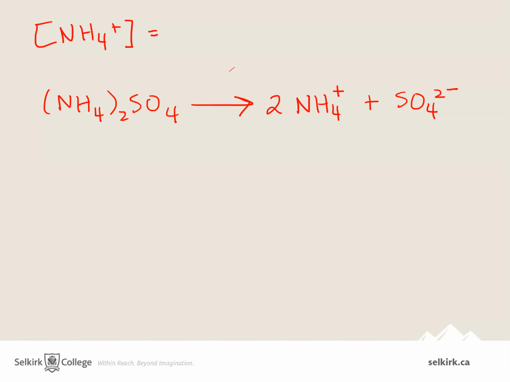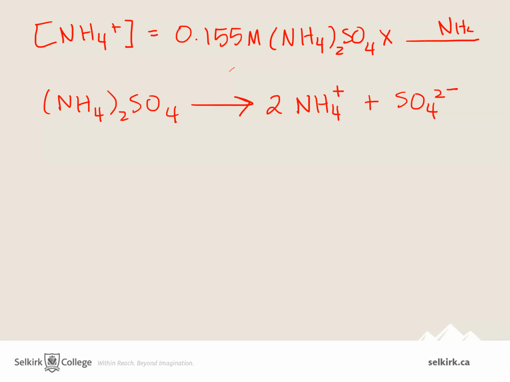I knew that I had 0.155 molar ammonium sulfate, but I need a conversion factor to get me just ammonium and get rid of ammonium sulfate. Oops, that's a 4. And the equation below says that I get 2 ammoniums for every ammonium sulfate.